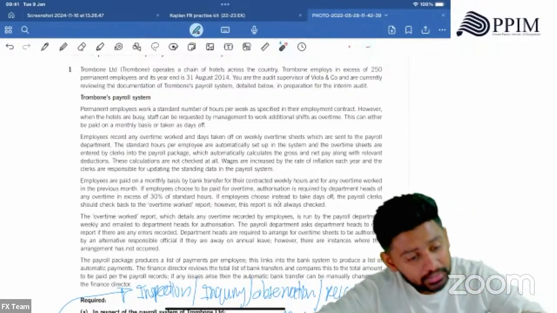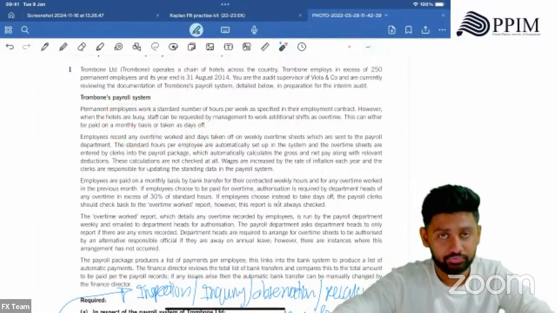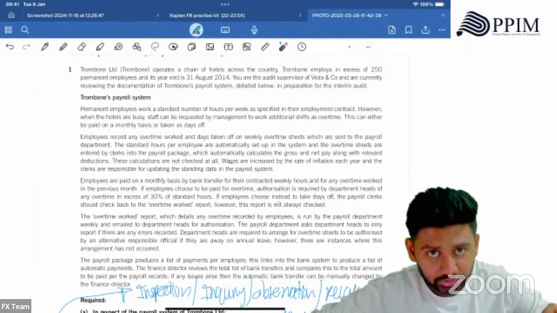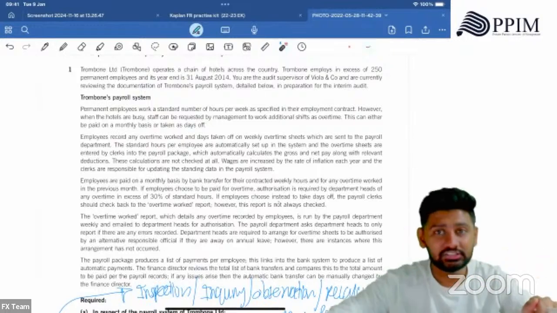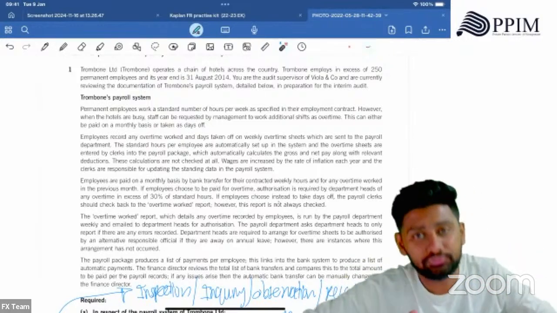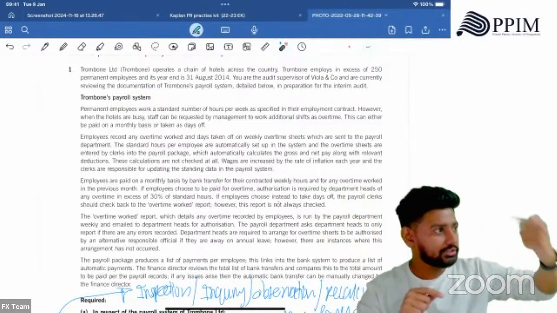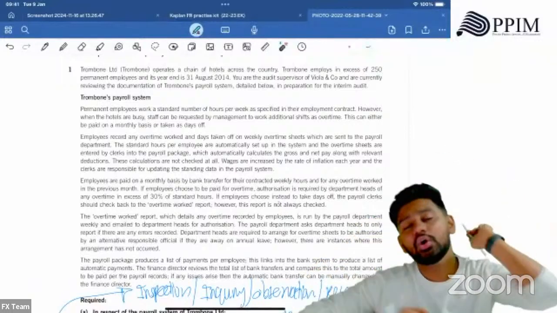This can either be paid on a monthly basis or taken as days off. You have two choices. First, you can be paid. Second, it can be added to your leaves.